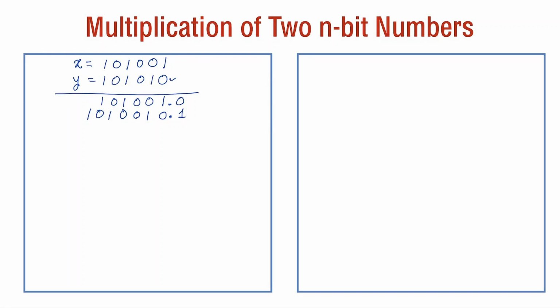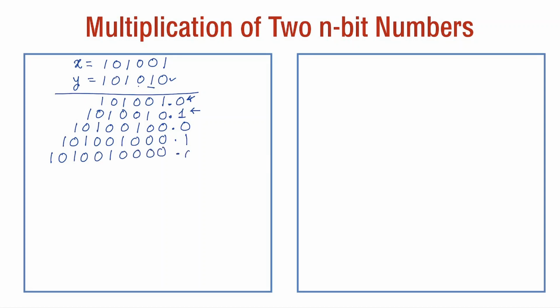So the first term is here, then the second term is multiplied by here. Now we are at the third term, and we will have 2 zeros but the third term is 0. The fourth term on the left is 1, so we will have the fifth term is again 0. And the last term is again 1.